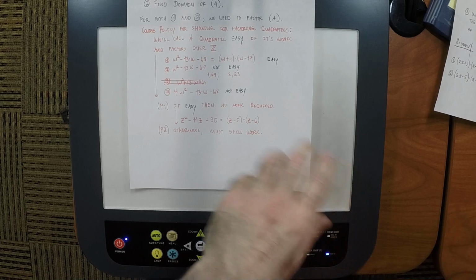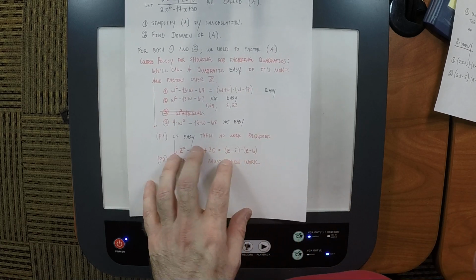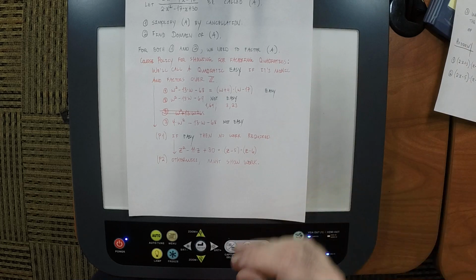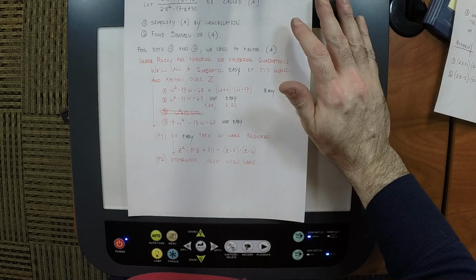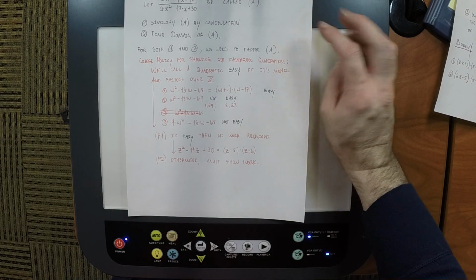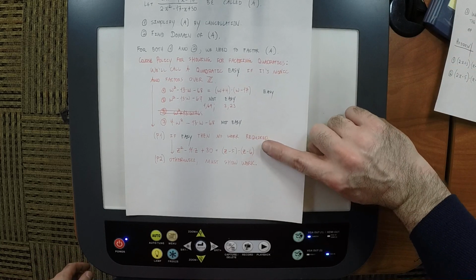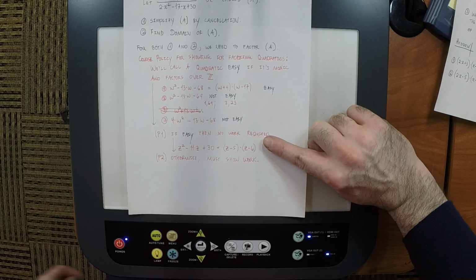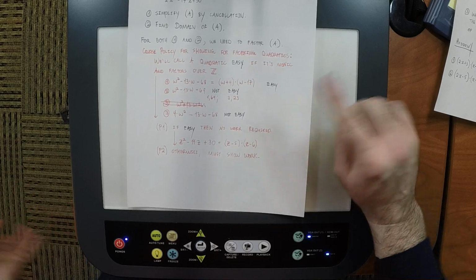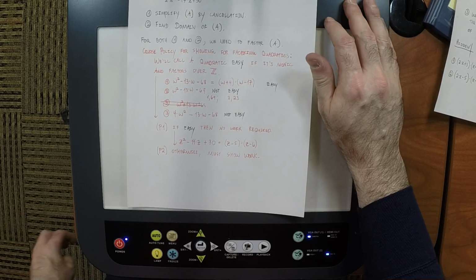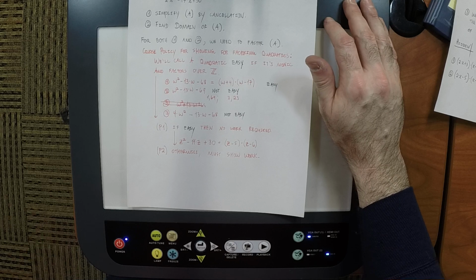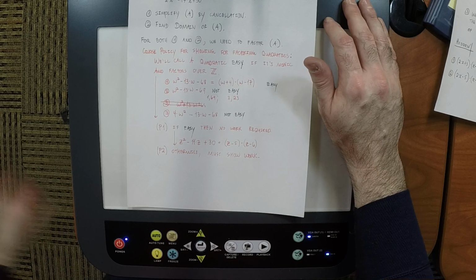So, in the end, you might wonder, why is this a policy? All right. Here, what I'm saying is that in the case of an easy quadratic that's monic and factors over the integers, that's more or less just like me asking you to factor 35. And I don't need you to show work to tell me that it's 5 times 7.